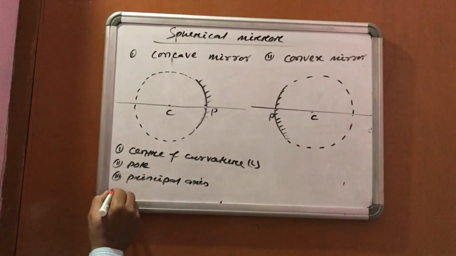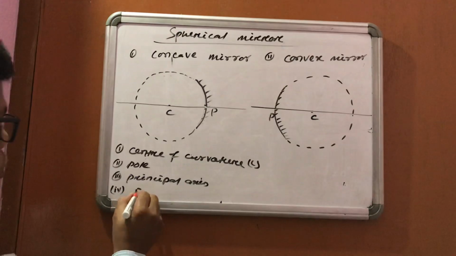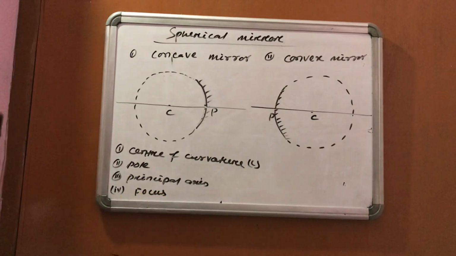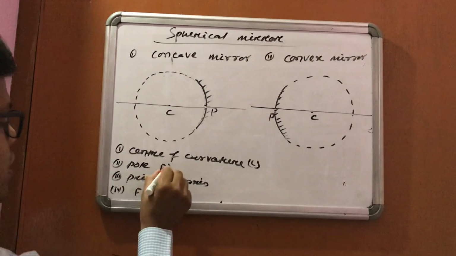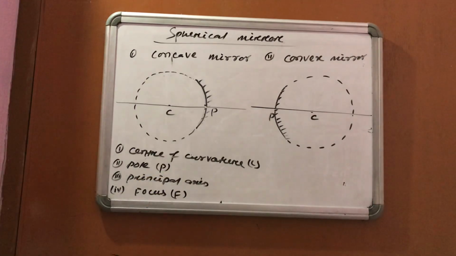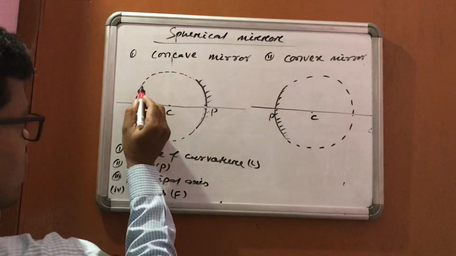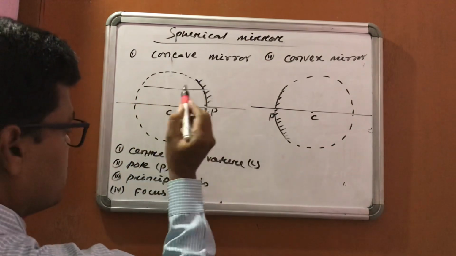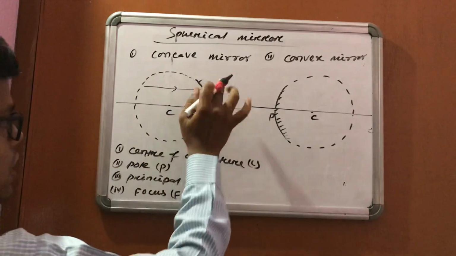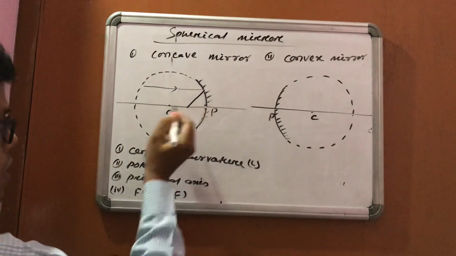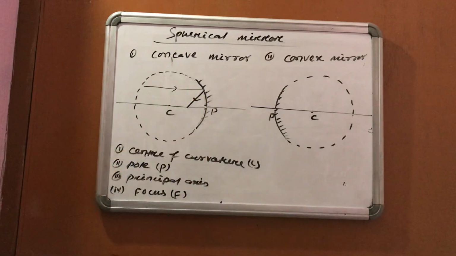The next term is focus, represented by F. What is focus? Look at here. When a light ray parallel to the principal axis of a concave mirror is incident on it, it reflects back and meets the principal axis at a point.